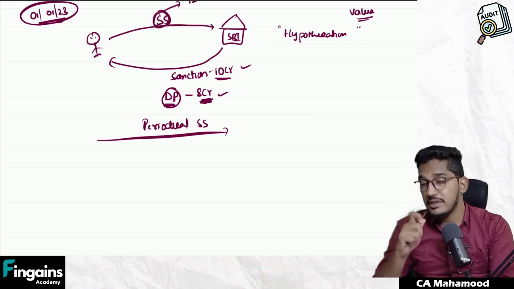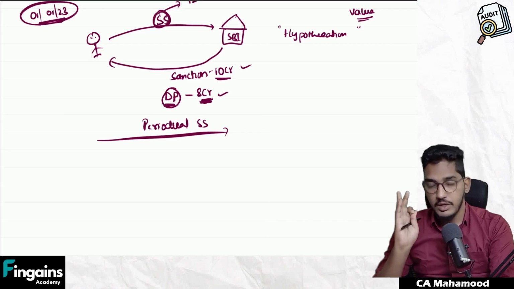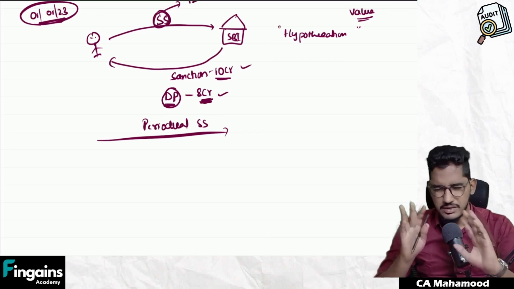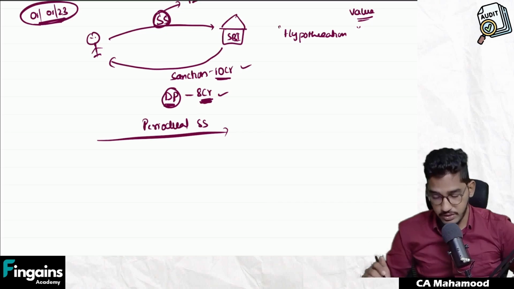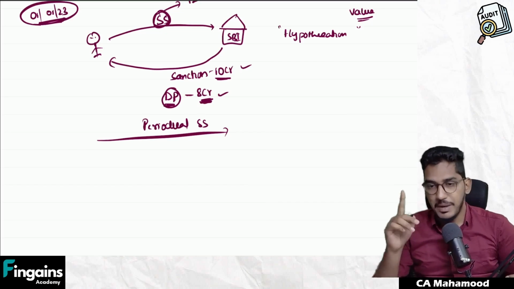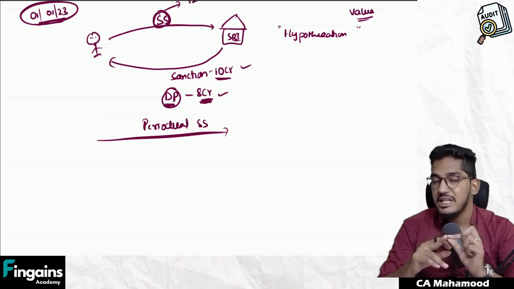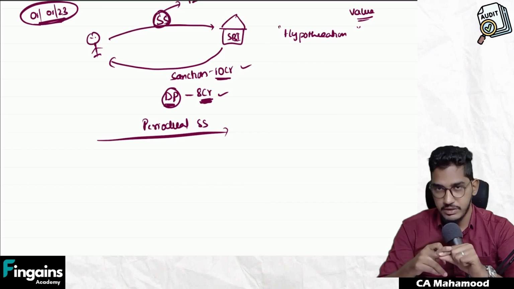Sorry, not 3 years, guys, my mistake, 3 months. So RBI has told the banker should get the stock statement from the borrower at least once in every 3 months.